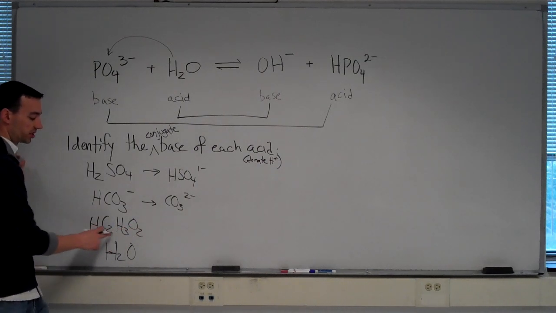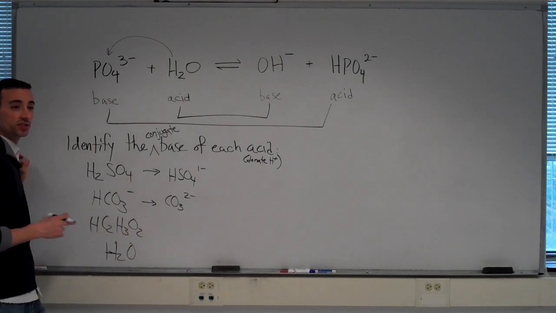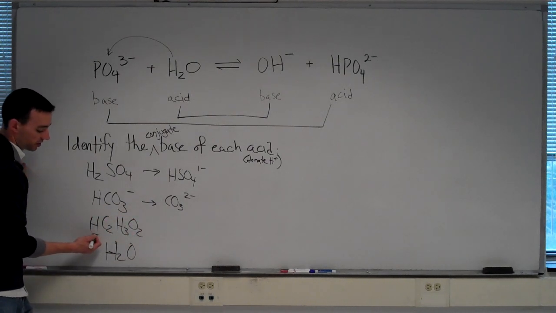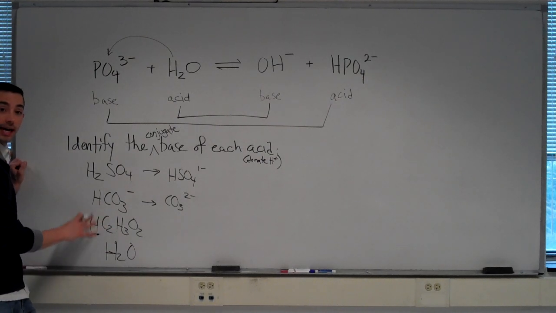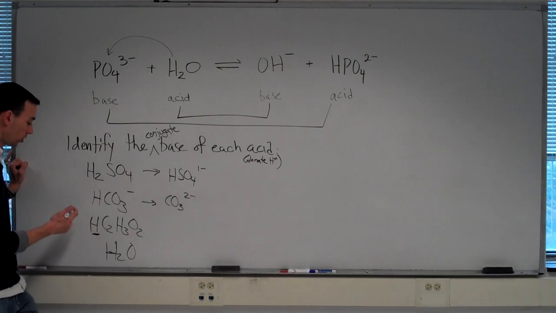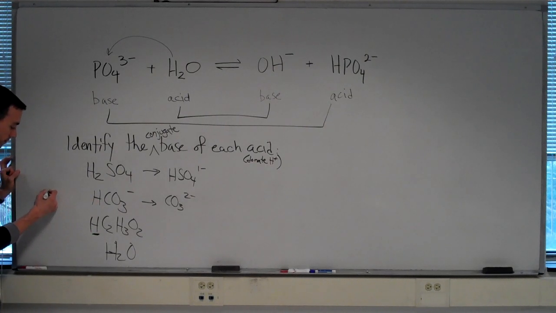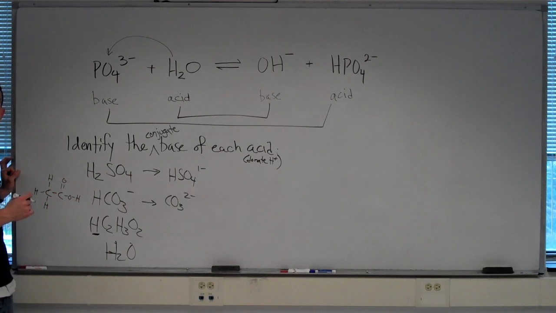This guy, HC2H3O2, has lots of hydrogens on it. It's only the one out front that is capable of being donated. If we drew the line structure of this molecule, one of the hydrogens is different from all of the others.